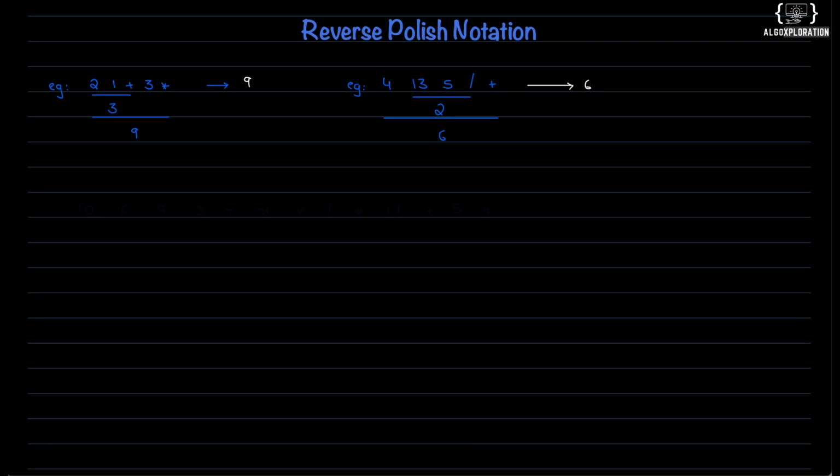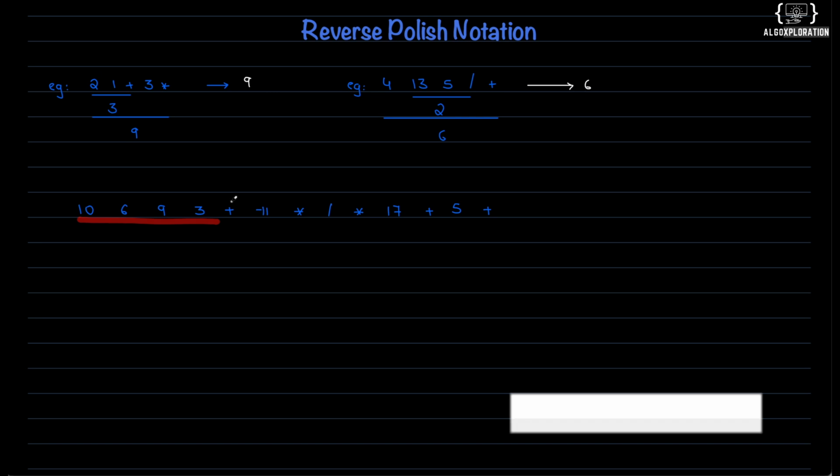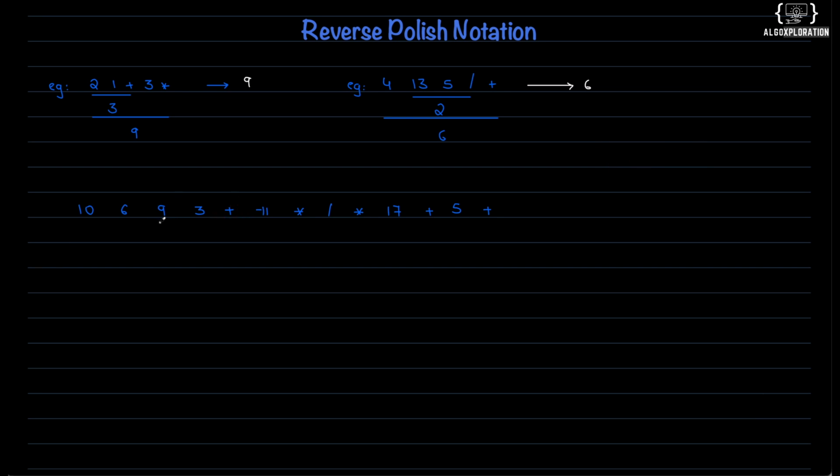Let me take one more example. As I told you, we need to keep scanning. Once I find the operator, the operator can be either plus, minus, multiplication or division. So here I see that it is a plus. So we will be taking the previous two elements, which are 9 and 3, and I'll do the addition of this. So I will get the answer 12.